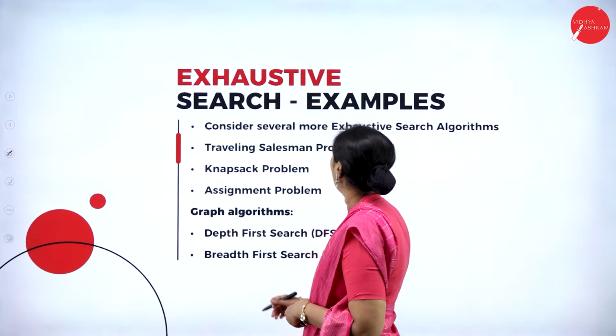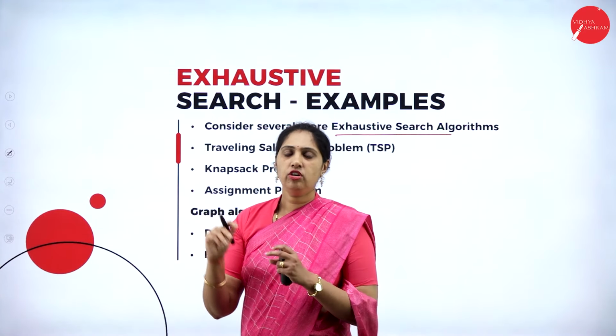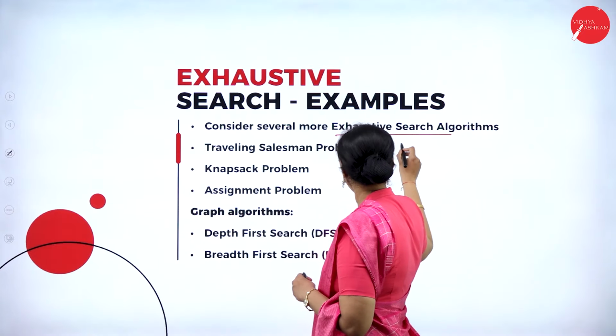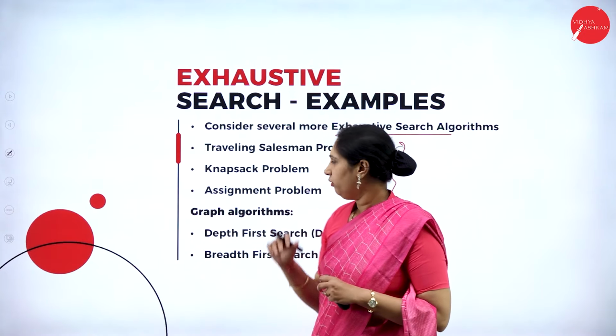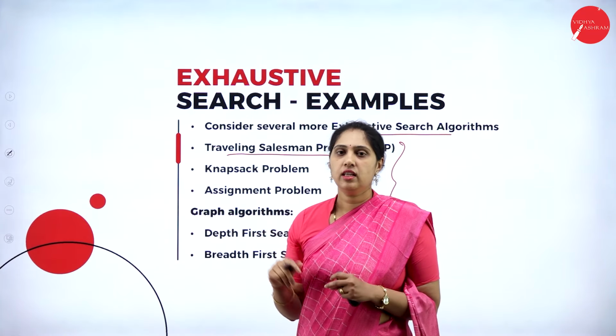Next. So, in the exhaustive search algorithm, we said a possible solution will be there. In that, we have to find which is optimal. So, how to find that optimal? The following algorithms tell you how to find it. The very first problem is TSP, the traveling salesman problem.